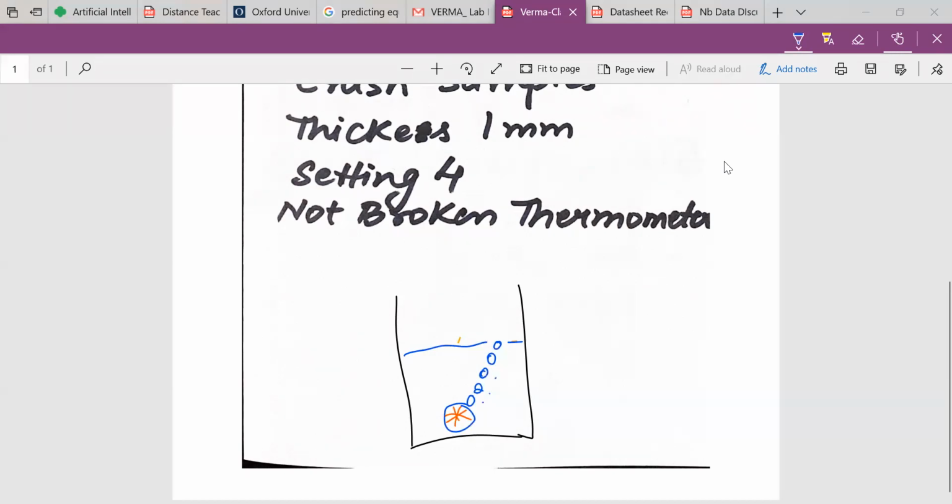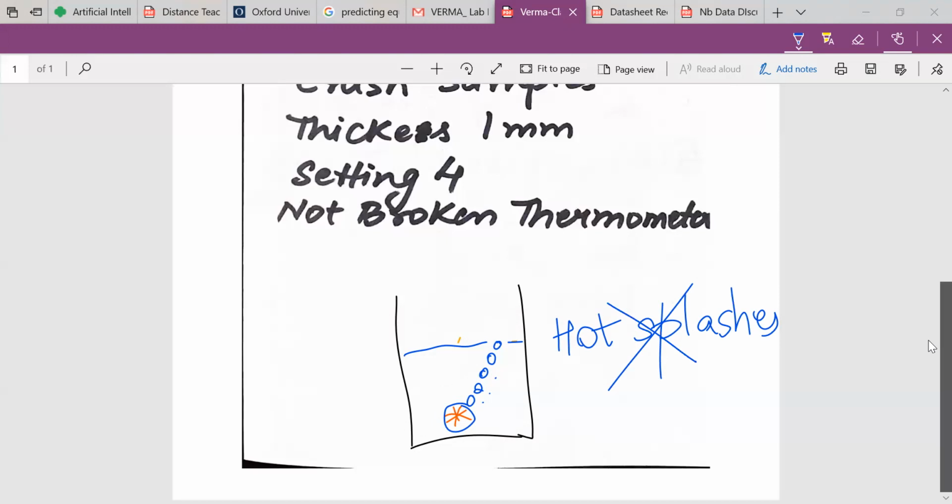Of course, it is nature, we cannot control all the bubbles, but having a boiling stone helps you not to have hot splashes. So it avoids hot splatters or hot splashes from happening, which is a safer technique.